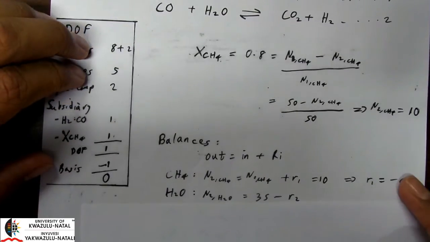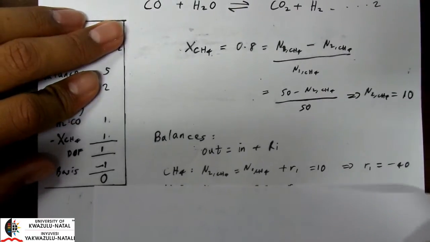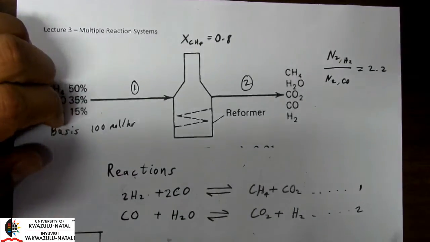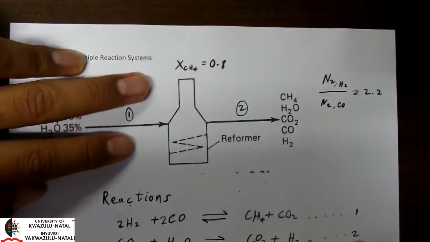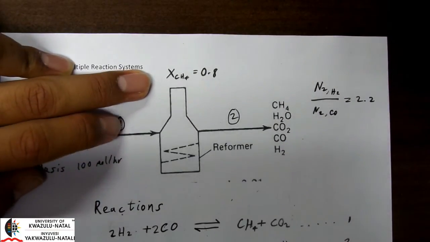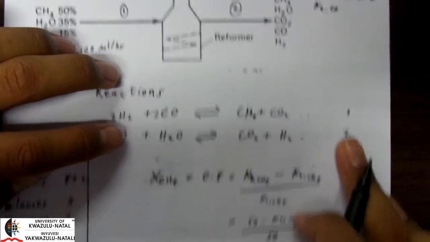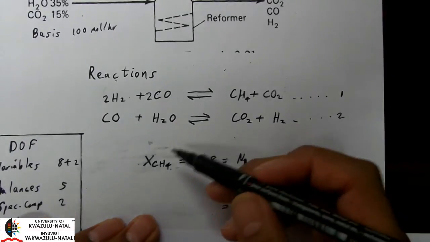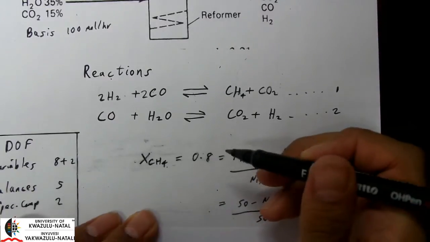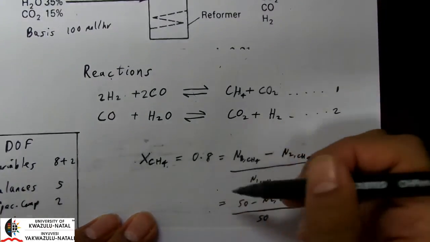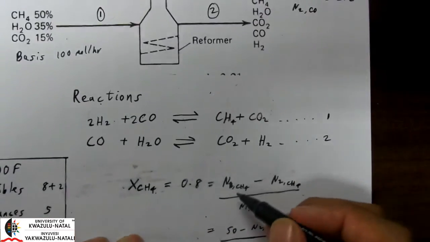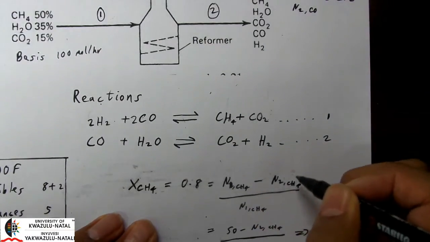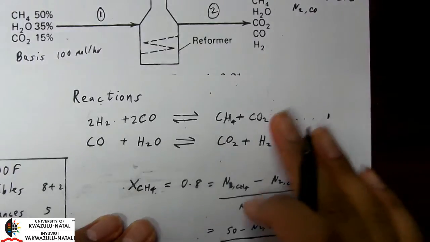Okay, so now let's proceed with solving this problem. We can start either by writing out our balances or interpreting our subsidiary relations. Okay, in the case of our subsidiary relation, we have our conversion of 0.8, and that is equal to N1 of methane minus N2 of methane over N1 of methane.